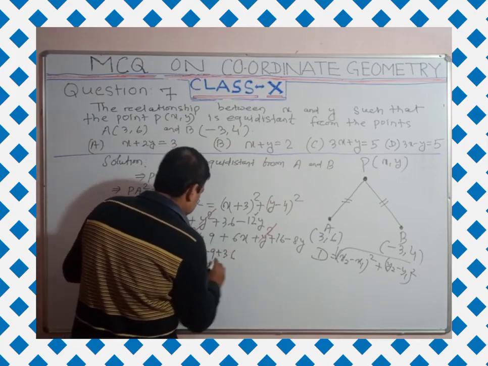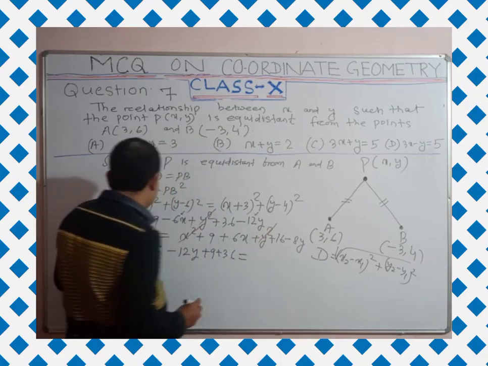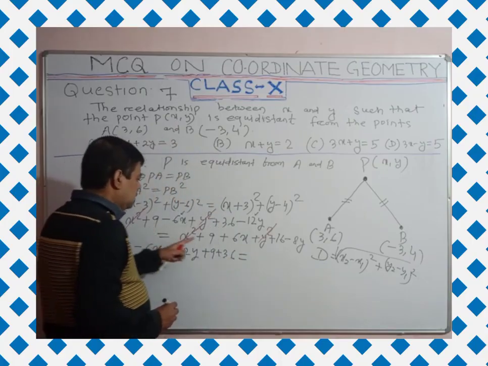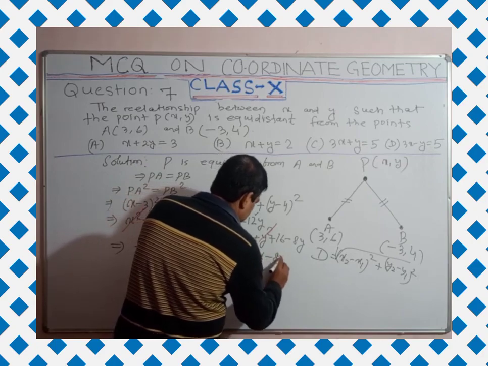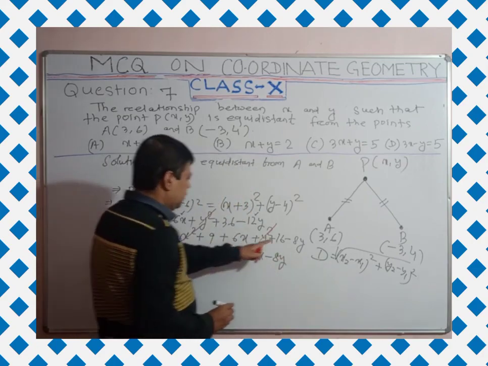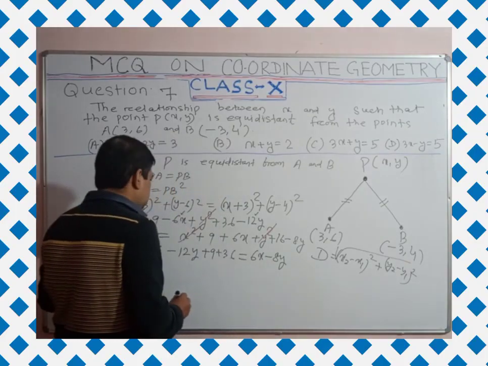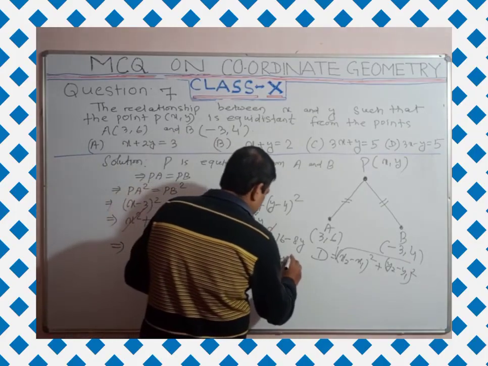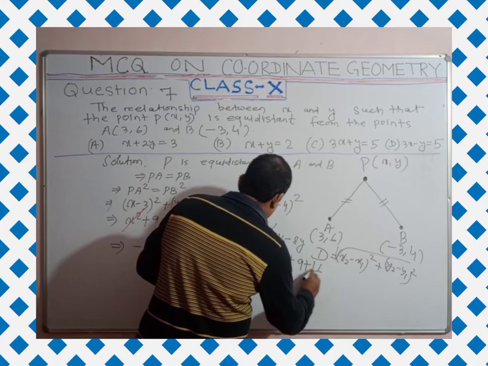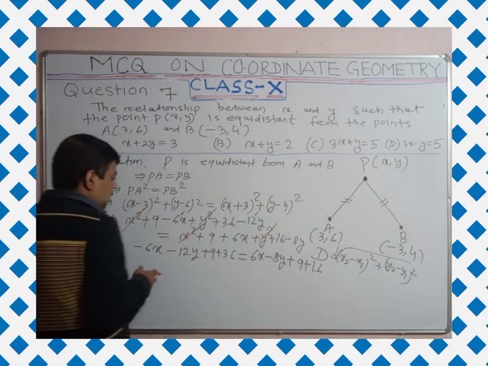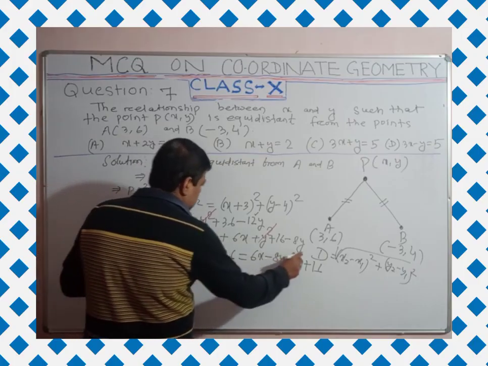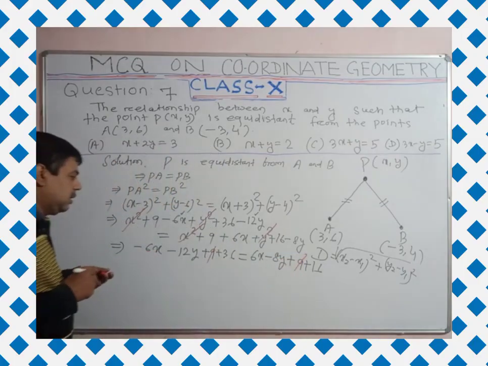Similarly, equal to, okay, understand? Similarly, the right side: 6x minus 8y plus 9 plus 16. Yes or no? Can you arrange? Understand? And you see here, again plus 9 on the left hand side, plus 9 on the right hand side also you can cancel here.